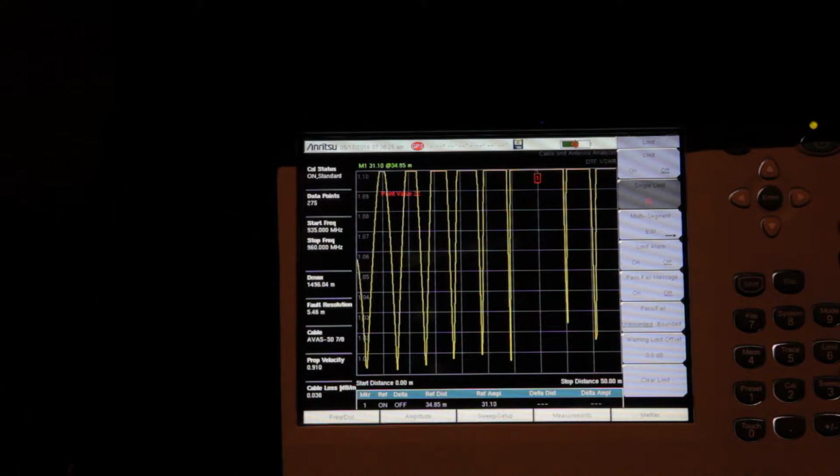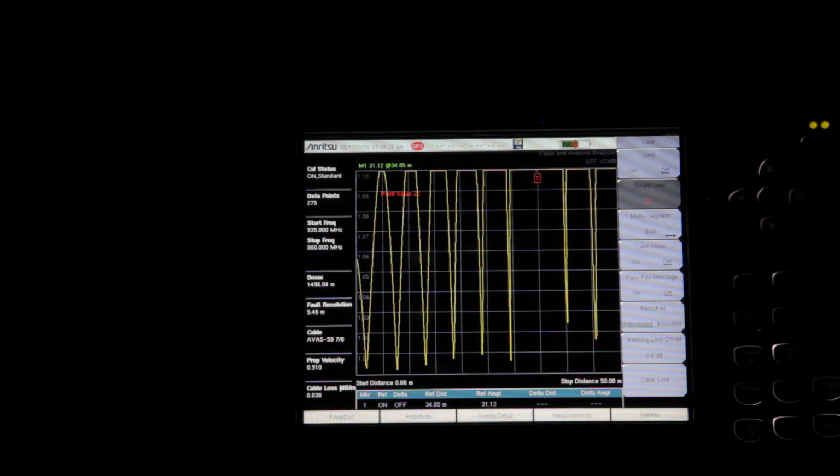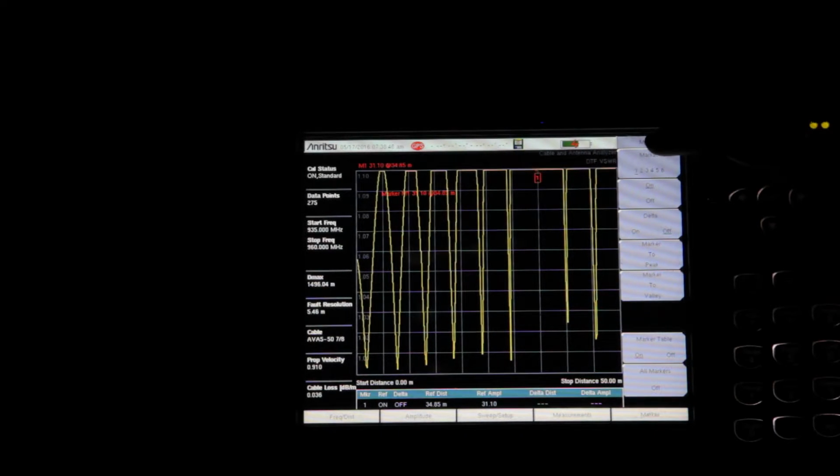In measurements, we have many issues. The most common issue is the energy which is reflected back. This reflection is caused by what we call impedance mismatch. Impedance mismatch is caused by connecting different things.